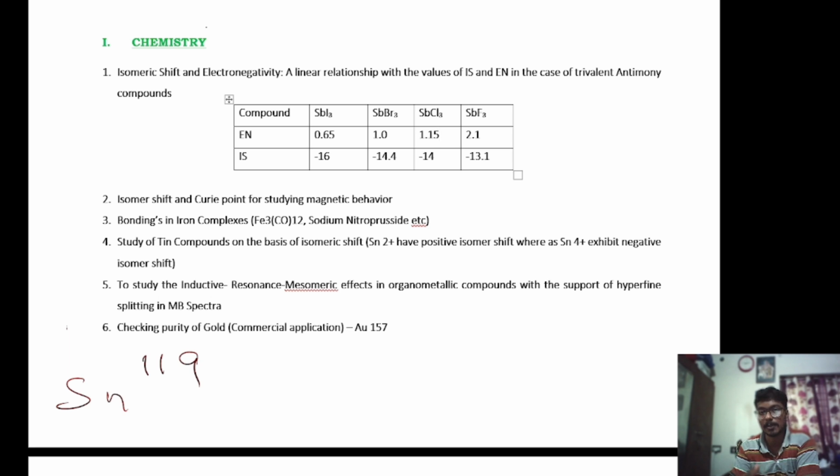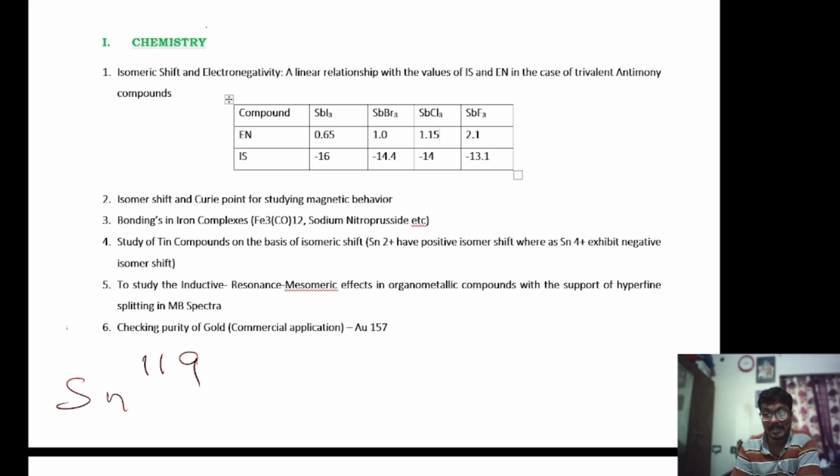A portable Mössbauer spectrometer is now available, which is useful for checking the purity of gold. A very trace amount of sample can be checked using Mössbauer spectroscopy, and the result will be very accurate and reliable.